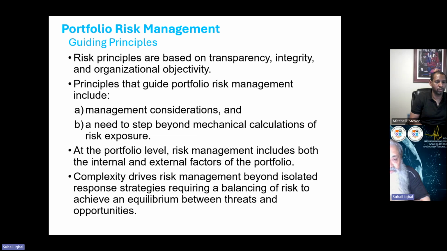And there is a lot of complexity which drives risk management beyond isolated response strategies. You can't have isolated responses. You may have triggered a series of responses by taking an action, requiring a balancing of risk. So here is where the balancing act comes into play. That is the complexity which has caused us to start such an intricate balance between the positive and negative risks to achieve an equilibrium between threats and opportunities.